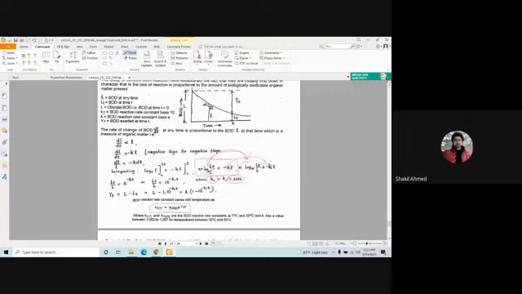K1 equals K20 theta to the power T minus 20. Now, what is K1T and K20? As you know, the efficiency of these bacteria or microorganisms is temperature dependent.